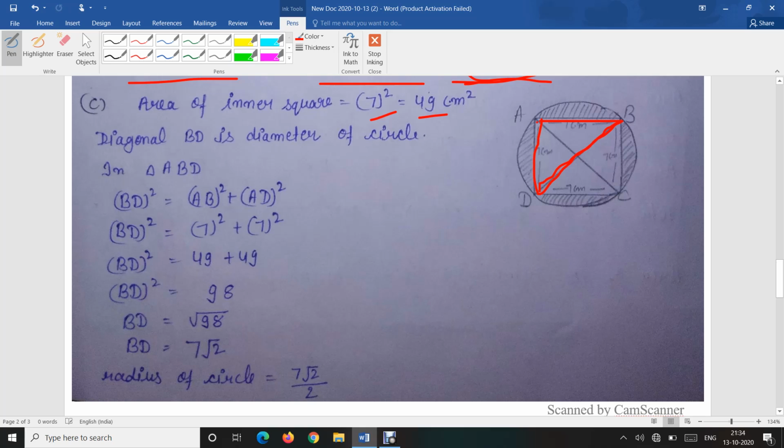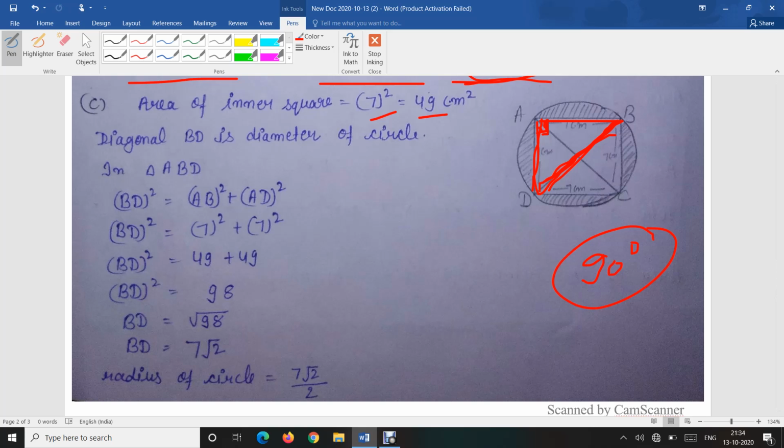Each angle of a square is 90 degrees, so this angle is also 90 degrees. That means this is a right angle triangle, and the side opposite the right angle is the hypotenuse of this triangle.